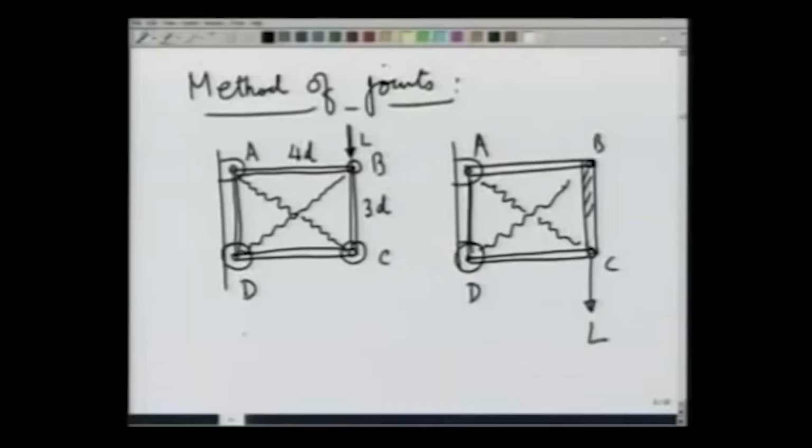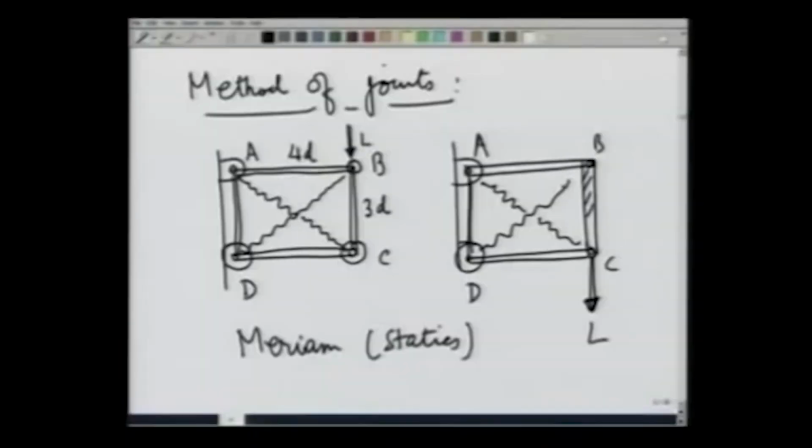I should also mention here that this problem is taken from the book of Merriam. This is quite a nice problem because it teaches us quite a lot of things in one problem.